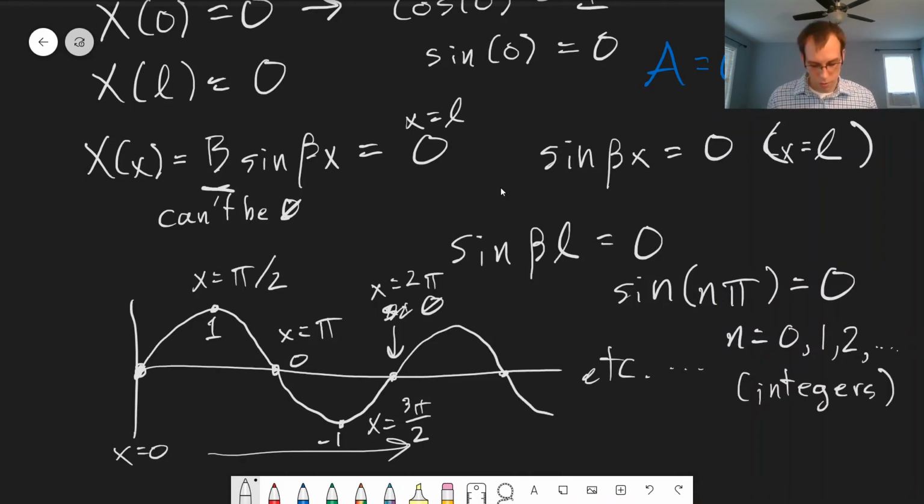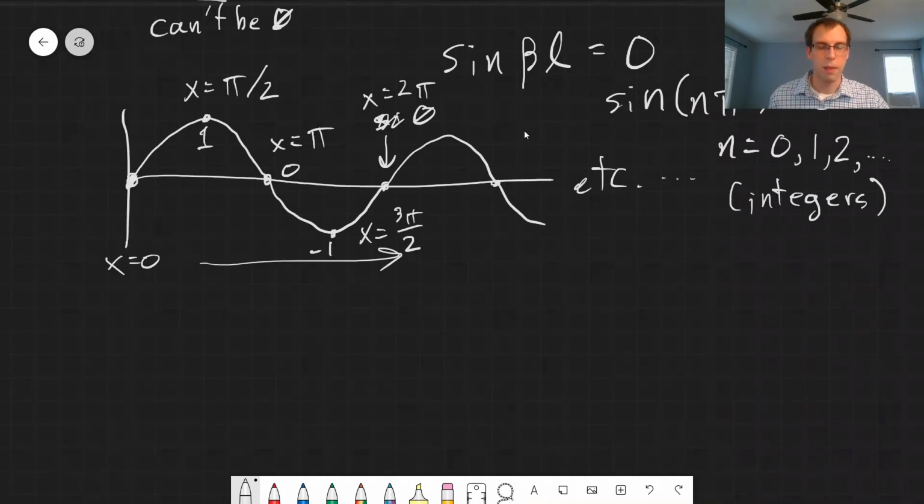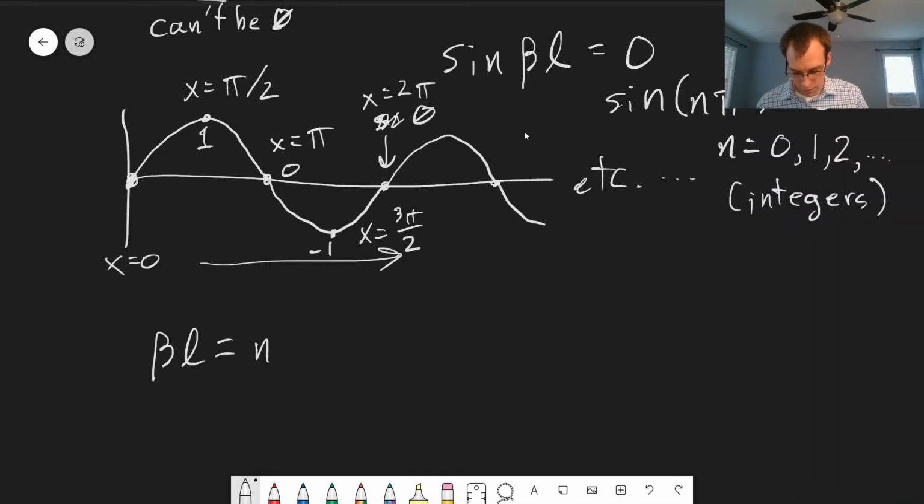Okay, and so the only way that this boundary condition is satisfied is that beta L has to be equal to n times pi. And so we want to solve for beta here. We know L is the length of the string, n is just integers, pi is pi. So we can say that beta is equal to n pi over L.